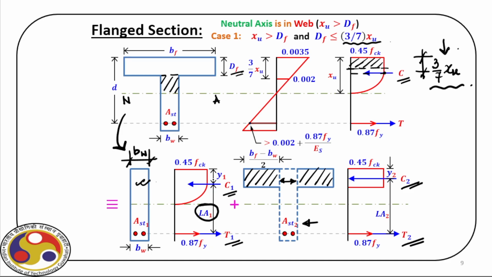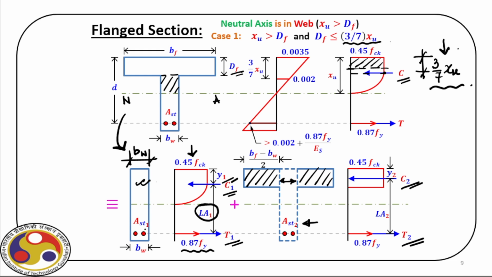Now, in this stress block, we can identify the stress values. Here it is 0.45 FCK, you are familiar with, and we can easily calculate this location Y1 of C1, and then the steel at the tensile face will have the stress value of 0.87 FY.